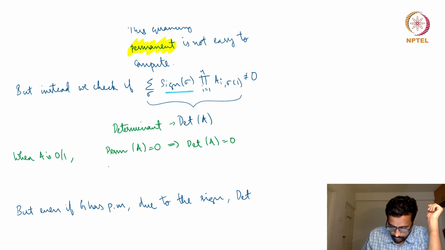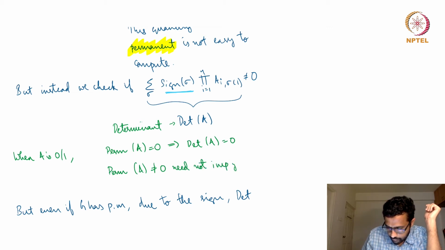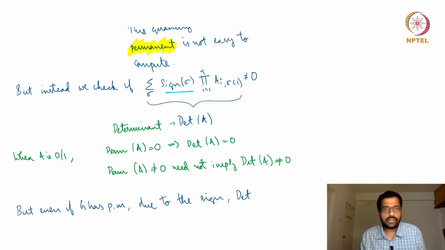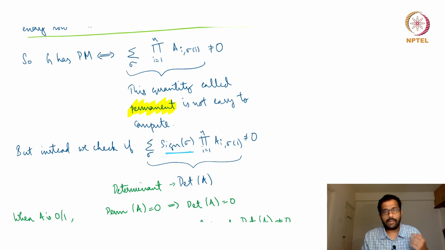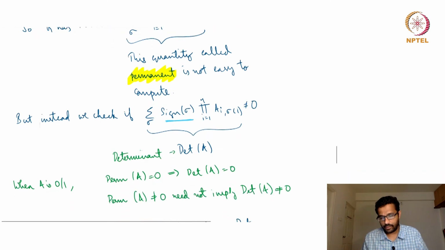However, if the permanent of A is not 0, this need not imply that the determinant of A is not 0. Even if the permanent is non-zero, it could so happen that, because of the plus and minus signs, some terms cancel and the determinant could still be 0.